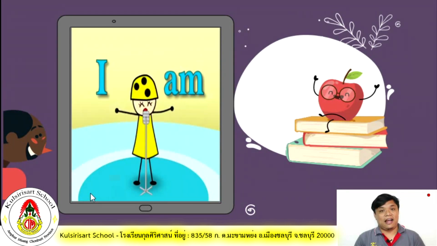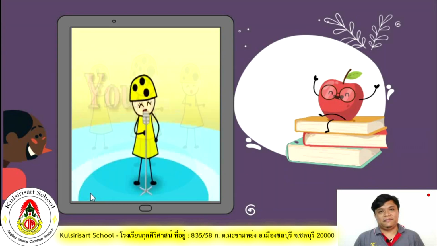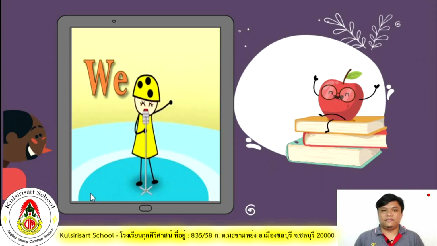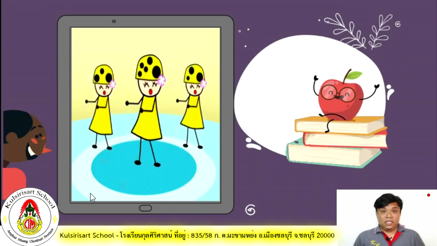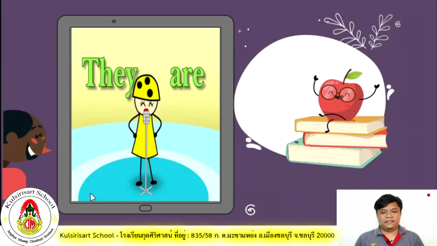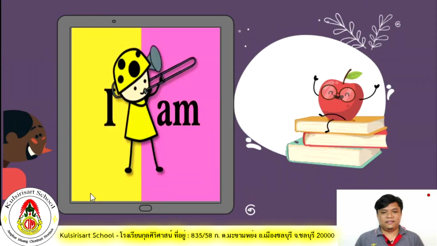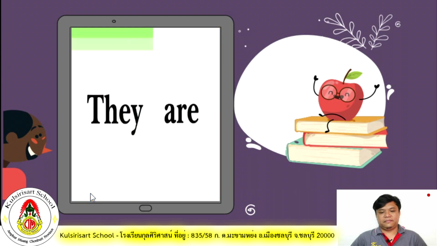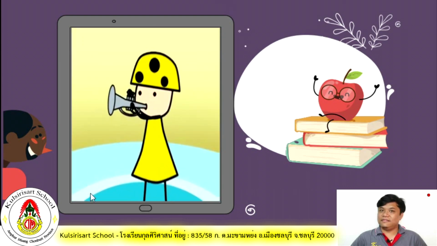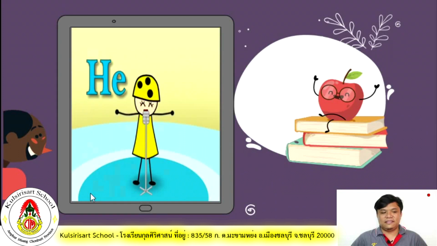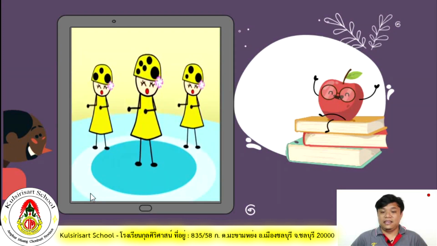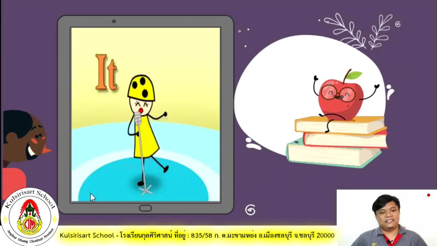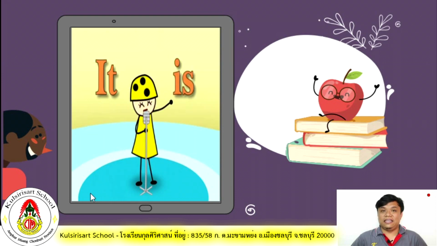I ต้องใช้กับ am You ต้องใช้กับ are We ต้องใช้กับ are They ก็ต้องใช้กับ are I am You are We are They are They are. He ต้องใช้กับ is He is. She ต้องใช้กับ is She is. It ต้องใช้กับ is It is.